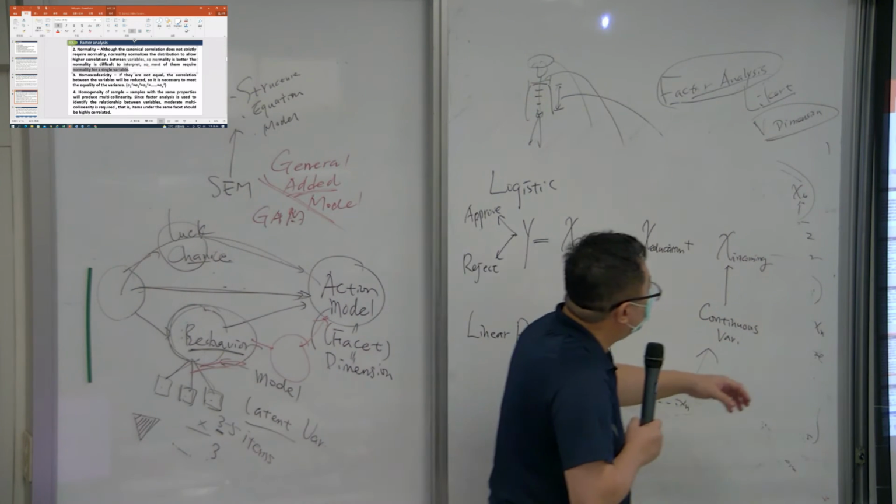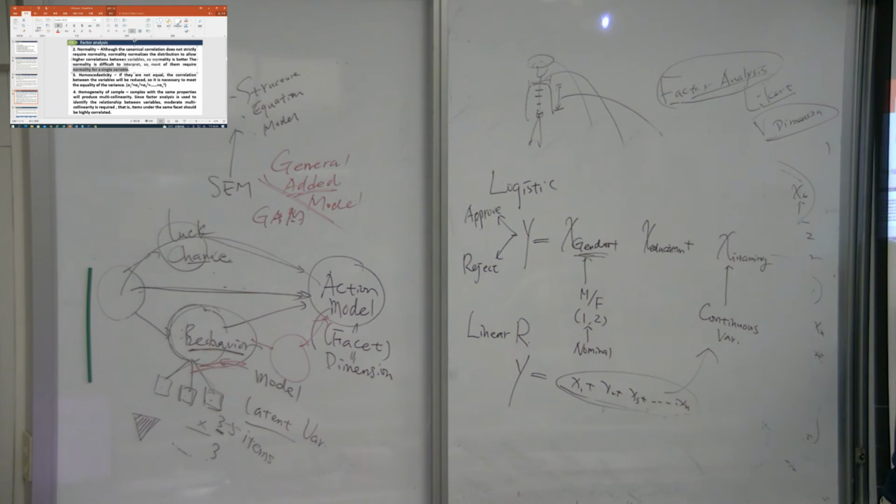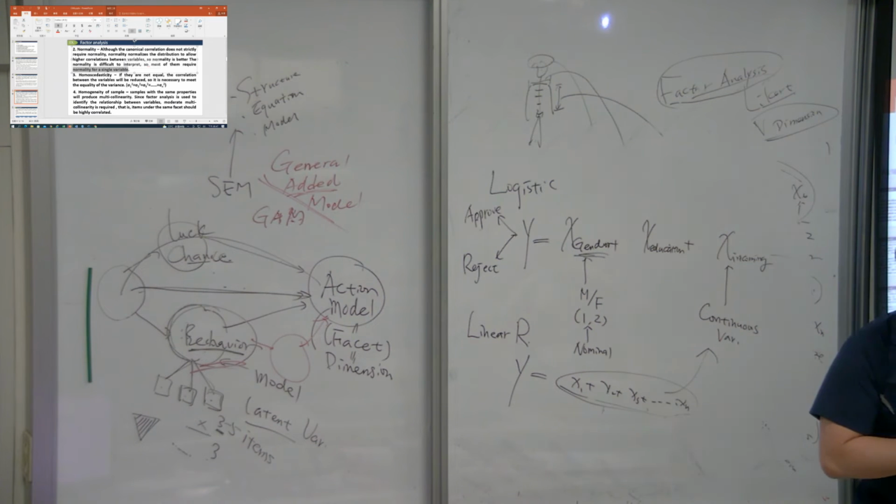But you see here, it just requires, no? Just requires, not must. Because if you give me a nominal variable, it's difficult to interpret. But it doesn't mean you cannot use it. You can use it, but it's difficult to interpret.